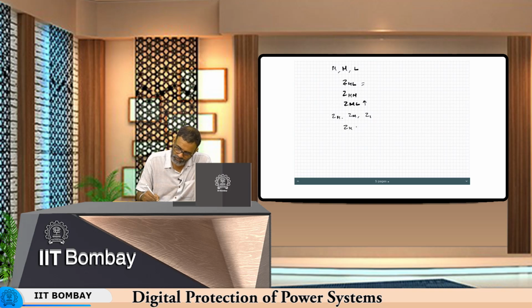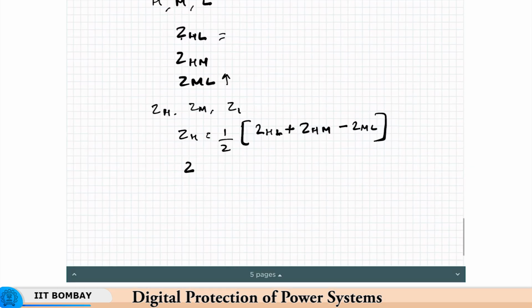So, you do that as follows: ZH is equal to half of ZHL plus ZHM minus ZML. It is not exactly a star delta transformation, but you can consider it as some sort of that. ZM, that is the medium voltage winding, is given by half of ZHM plus ZML minus ZHL.